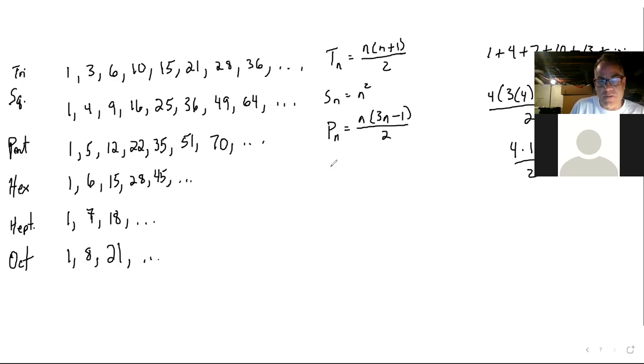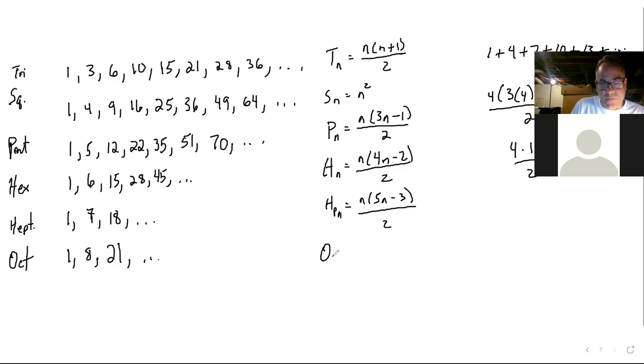If you can remember the pentagonal, the hexagonal, which is adding up 1 plus 5 plus 9 plus 13 by gaps of 4, it looks like this. And notice all it did was increase this and this by 1. The heptagonal formula is n times 5n minus 3 divided by 2.